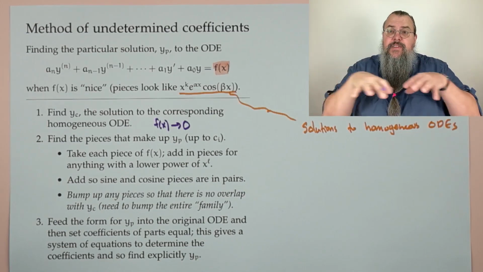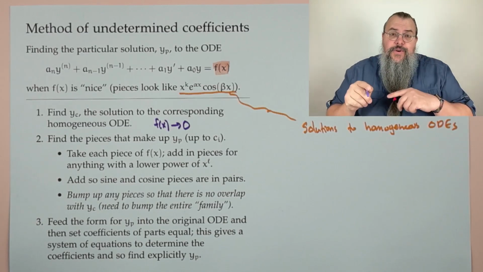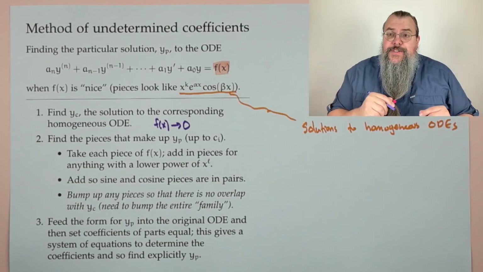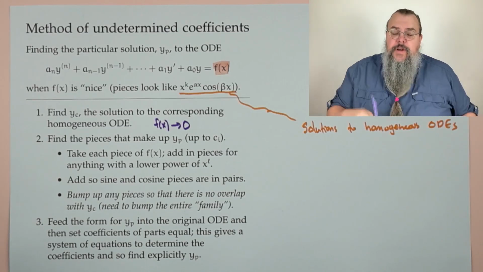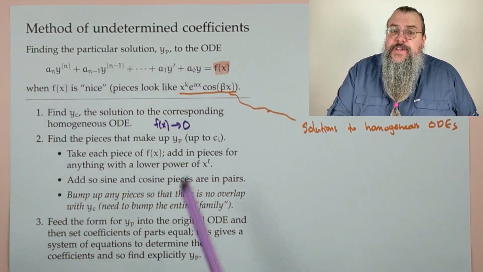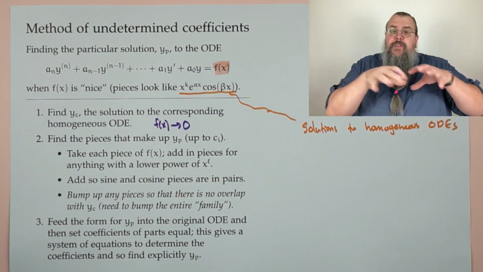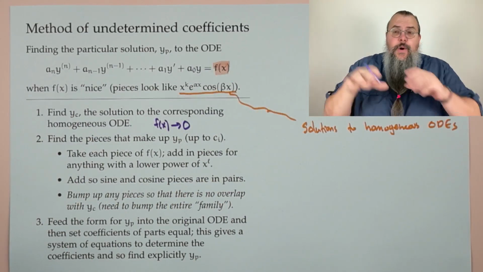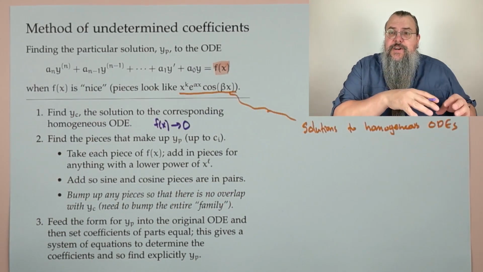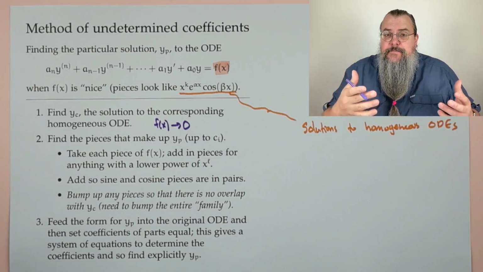Here are the pieces; what we won't know are the coefficients. So when we call this the method of undetermined coefficients, that's what we mean. We know what the pieces are that will make up our solution, we just don't know what the coefficients are, so we have to determine them.